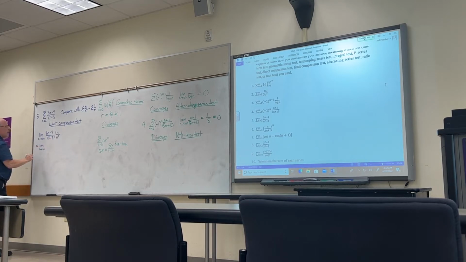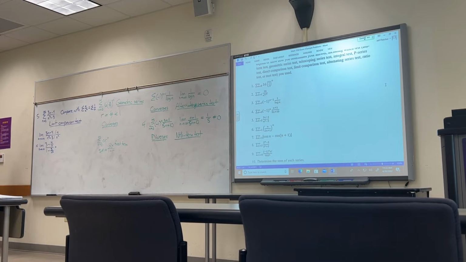So to simplify this, what's 3n minus 4 divided by n? It'll be 3 minus 4 over n. And if you divide n squared minus 3 by n squared, you get 1 minus 3 over n squared.